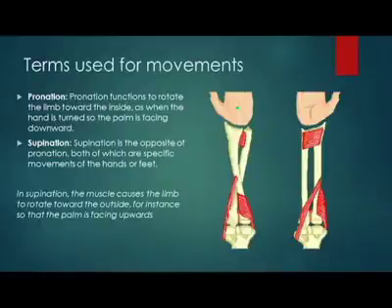Supination is just the opposite of pronation. In supination, the muscle causes the limb to rotate towards the outside, so then the palm is facing upwards. It is very easy to understand.